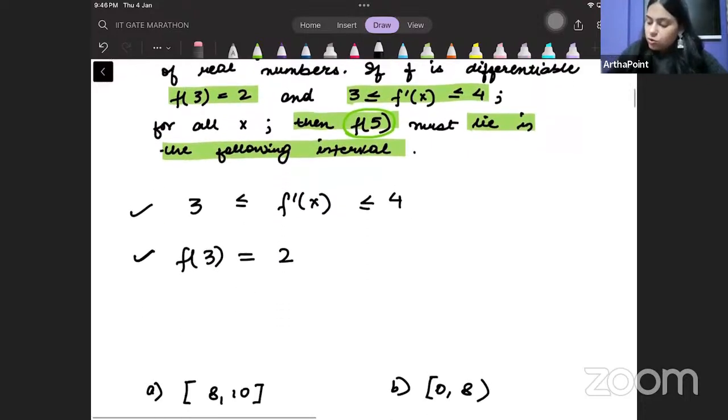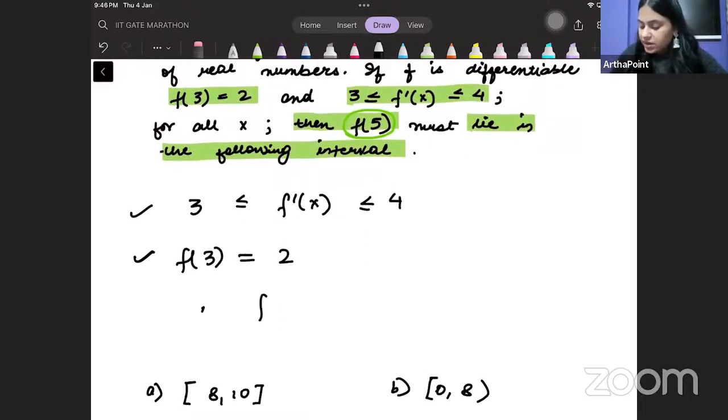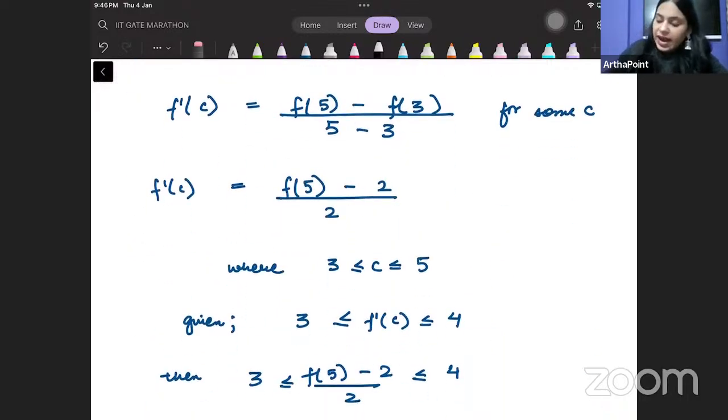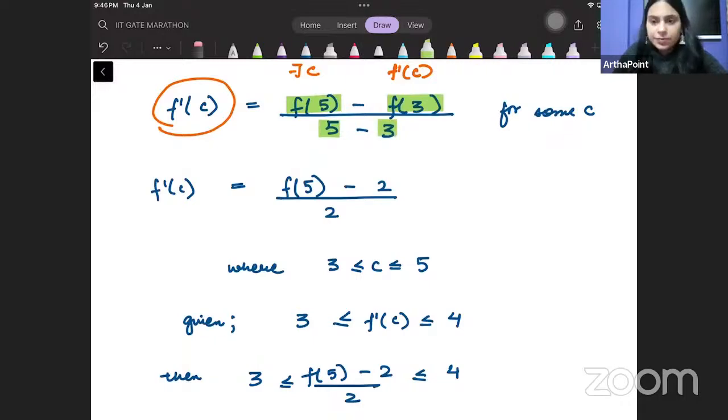And now the question is asking me to find what will be the interval of f of 5. This is what it is asking me. So now using the mean value theorem, I have said that there exists a C, एक ऐसा C exist करता है such that f dash C will be f of 5 minus f of 3 upon 5 minus 3.